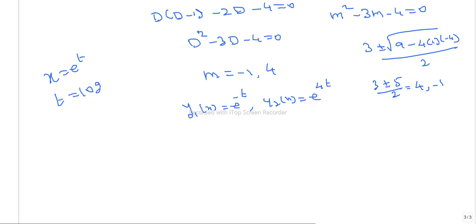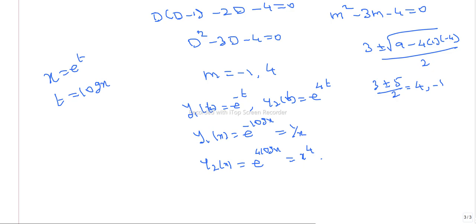Log x. Therefore we need everything in terms of x. So this is actually y1 of t, y2 of t. Therefore, what is y1 of x? E power minus log x. So this is nothing but just 1 by x. And y2 of x is nothing but e power 4 log x. So this is nothing but x power 4.